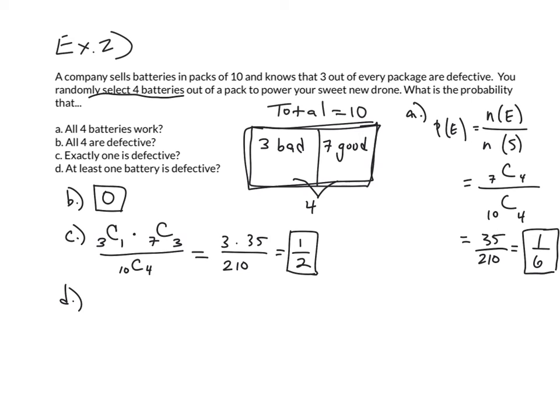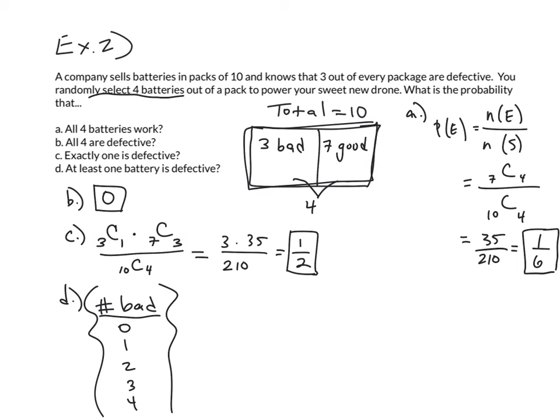Part D, what is the probability that at least 1 battery is defective? Well, there's a long way and a short way to figure out this question. And let's first think about the sample space and the number that you could possibly have that are bad. Well, you could either have 0 that are bad, or 1, or 2, or 3, or 4 bad.